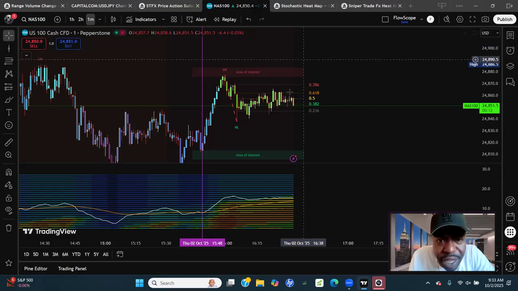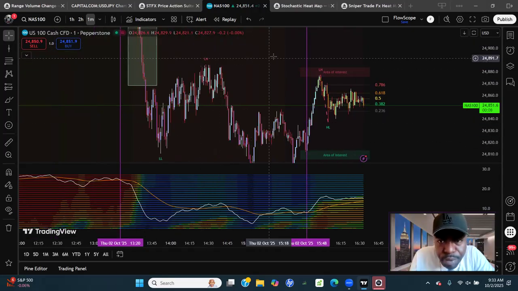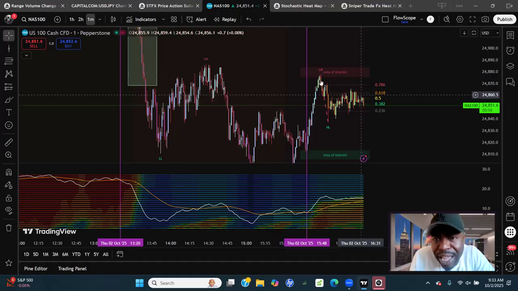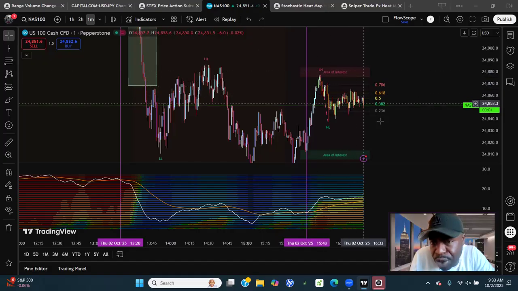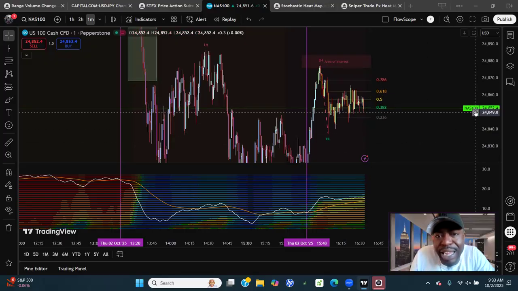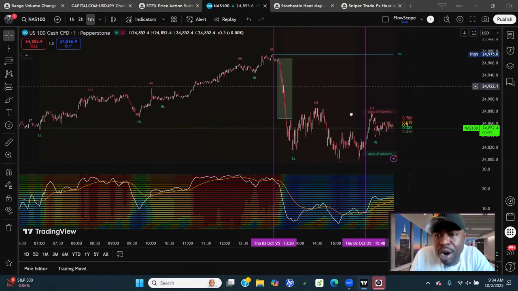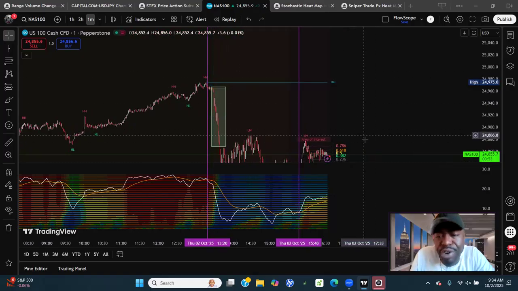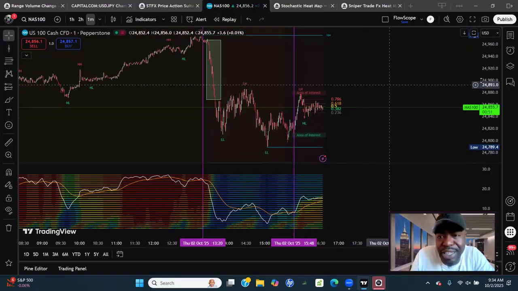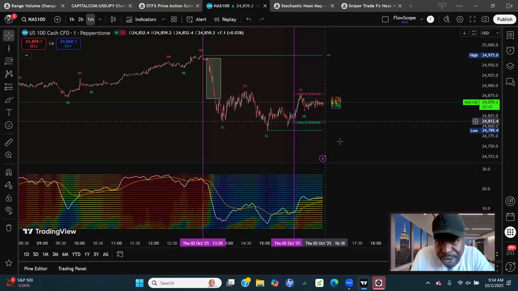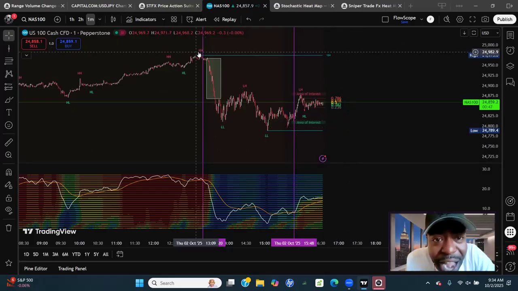Now, if you see this, go to this level, and let's say it pulls back and it breaks through all these fib levels and just keeps selling down, then that's an indication that we are still in this bearish trend. You feel me? Because understand this, the higher high is up here.